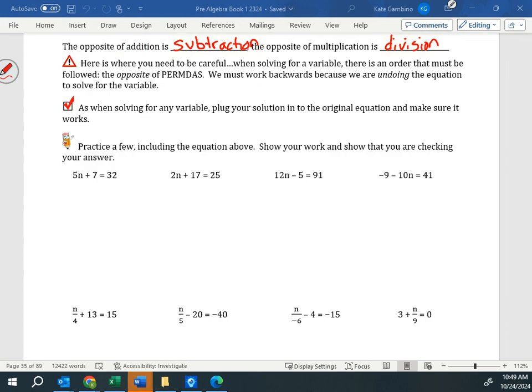So here's where you need to be careful. When solving for a variable, there is an order that must be followed. Right? You might say, oh, but I can figure it out my way. Yeah, you probably can. But is that going to help you in the spring when we have more complicated equations? No, not at all.